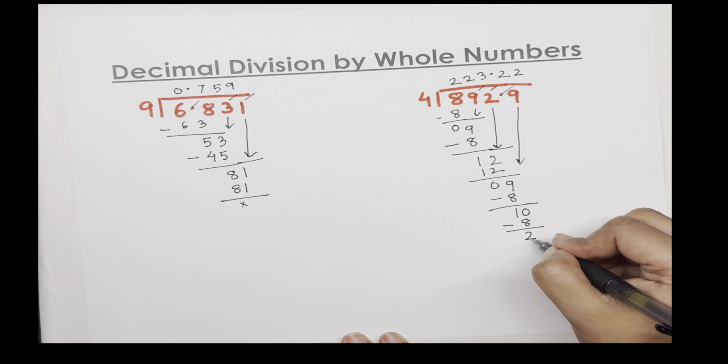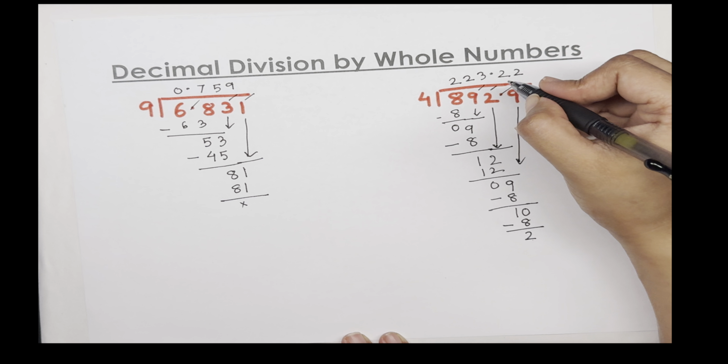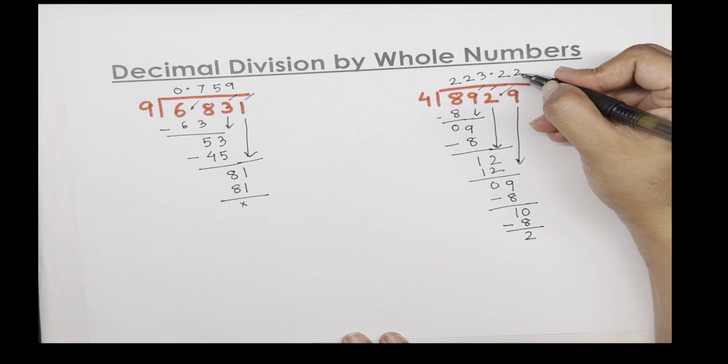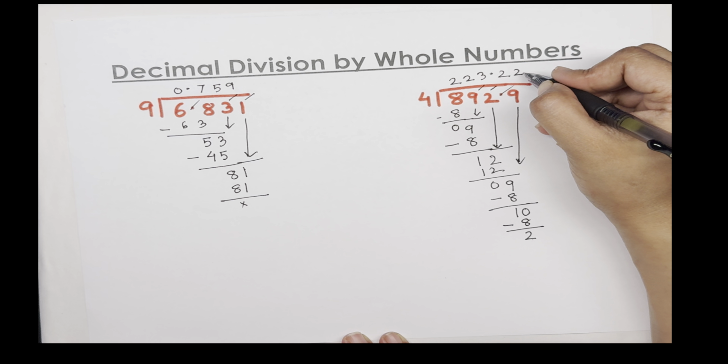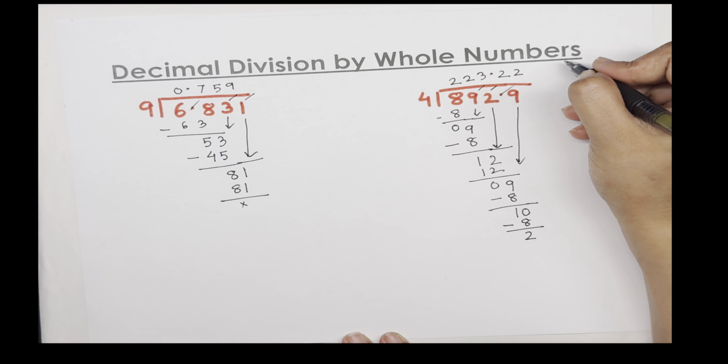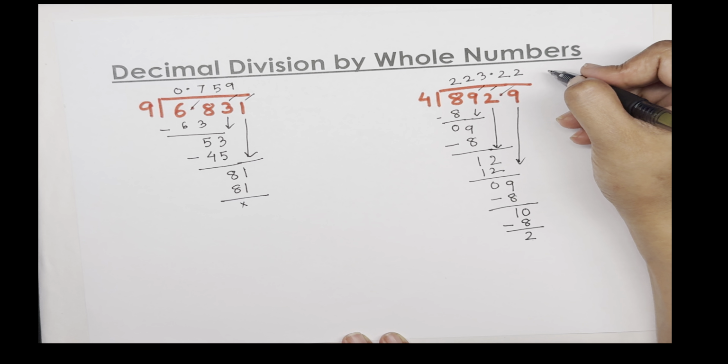Again, 2 is the remainder, because in decimal division we have to keep doing until we get a number. Sometimes we have to go more than 3 digits. That's also okay. But most of the time they mention how many decimal places you need to continue your decimal division.